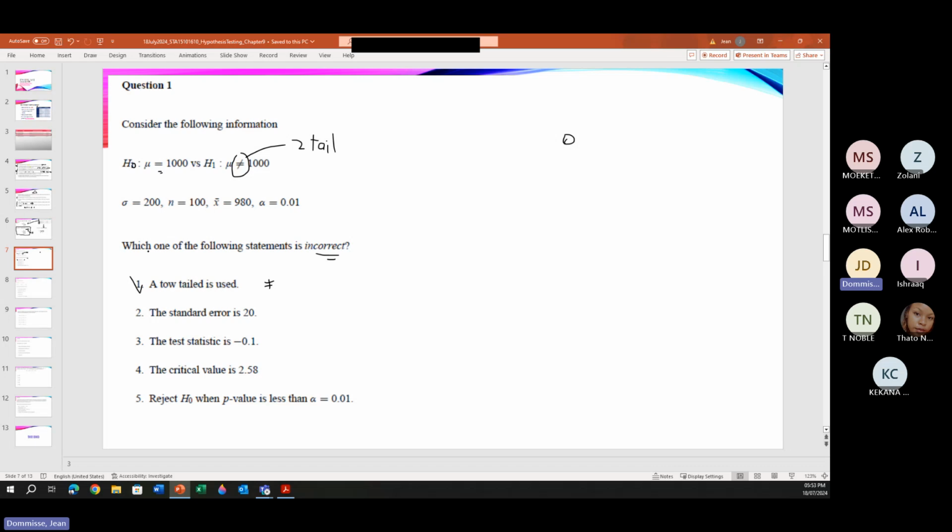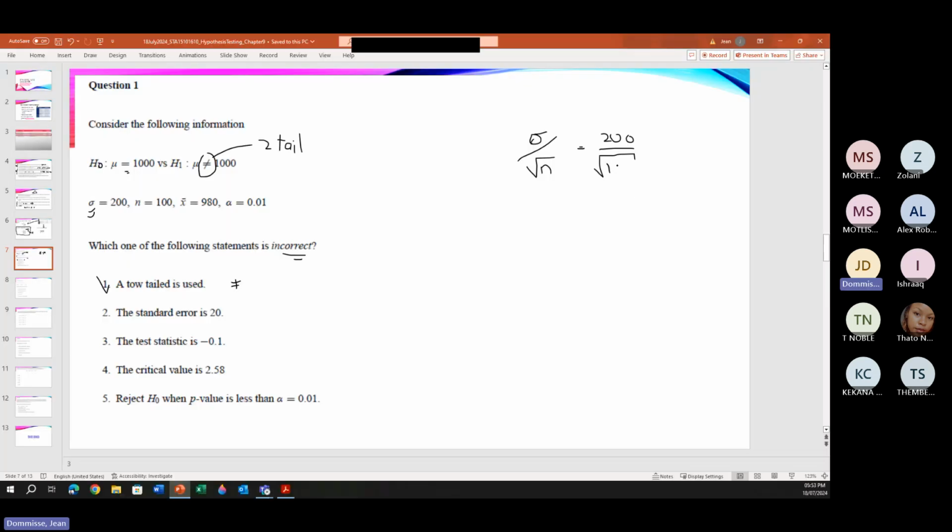Let's first see: we're working with a Z because the population standard deviation is known. So standard error is, as we did in study unit 7, the standard deviation, which is 200, divided by the square root of n.